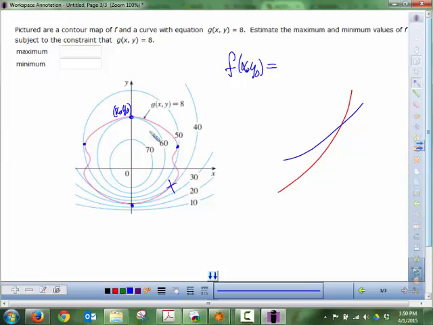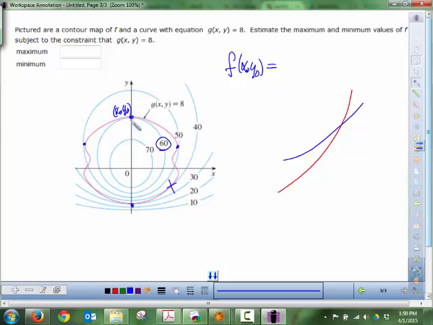You get what? No? It's at that level curve. So it's at that level, whatever level it is, right? And so if we look at the level curve that touches at that point, that level curve has a value of 60. So if this touches exactly, I would put 60.